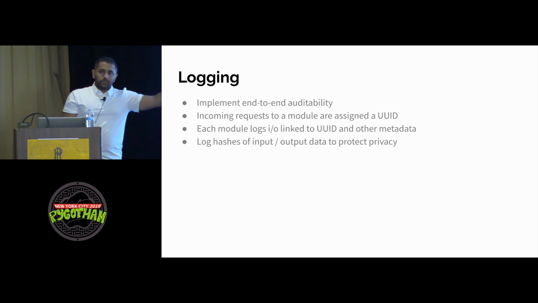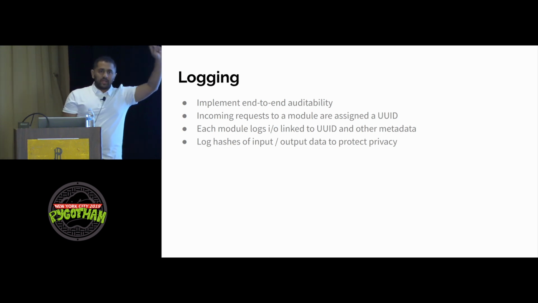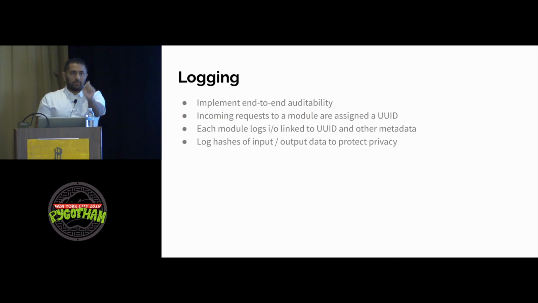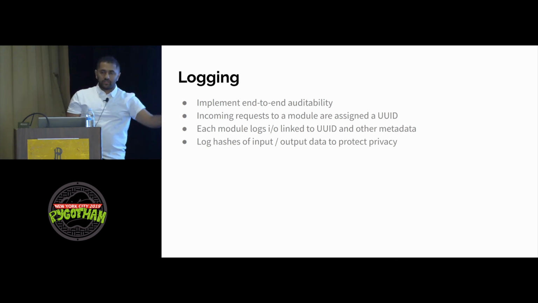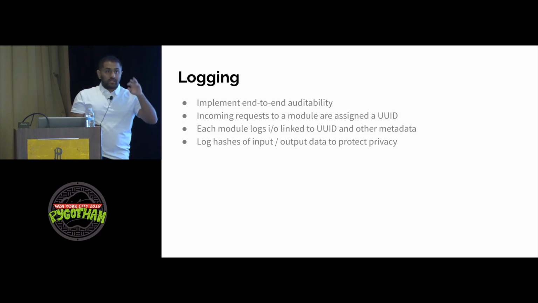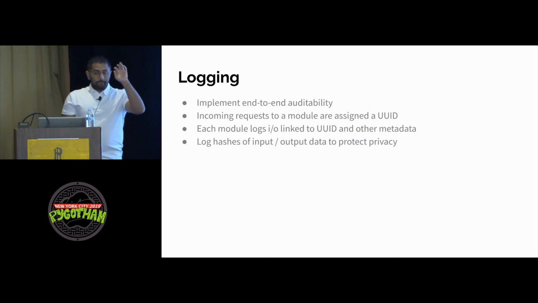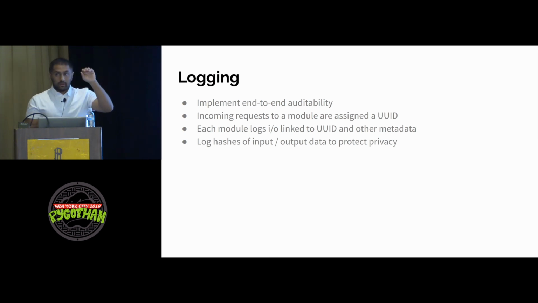Each time the system begins, the request at its first entry point is assigned an ID. And then we use that ID to track that payload, or track that invocation, throughout the process, right? And each and every module and sub-module of the code logs I/O, like logs whatever it does on your cloud offering.